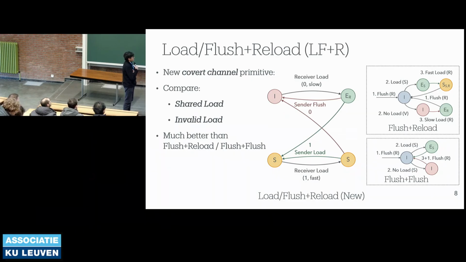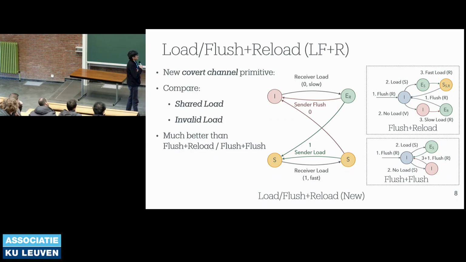In flush and flush, you're looking at how long it takes to flush in the exclusive state in another core versus flushing an invalid line. And this new primitive has the sender either do a flush or a load. The sender actually does a flush, and that is why it's only a covert channel, because you don't find a random victim doing flushes depending on secrets. So what you end up comparing is, if the sender did a flush, you load from an invalid state.